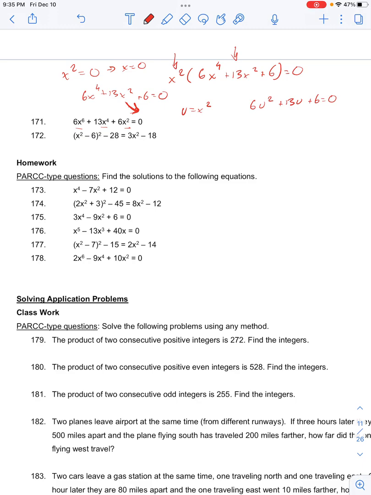Or we could factor it, actually, because we're looking for something that multiplies to a times c, which is 36, but adds to 13. If we use 4 and 9, 4 times 9 is equal to 36, and 4 plus 9 is equal to 13, so it looks like we can factor this.